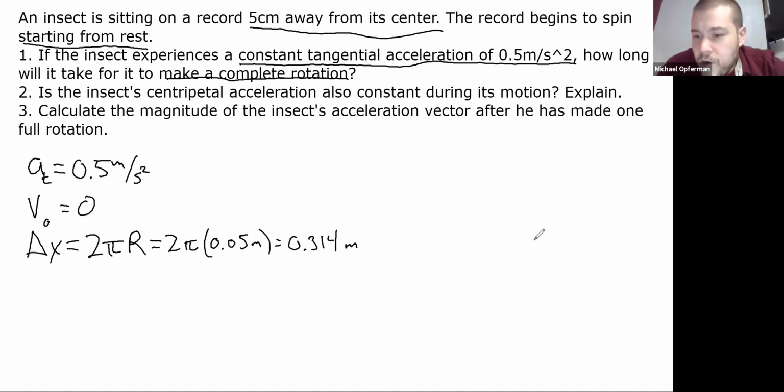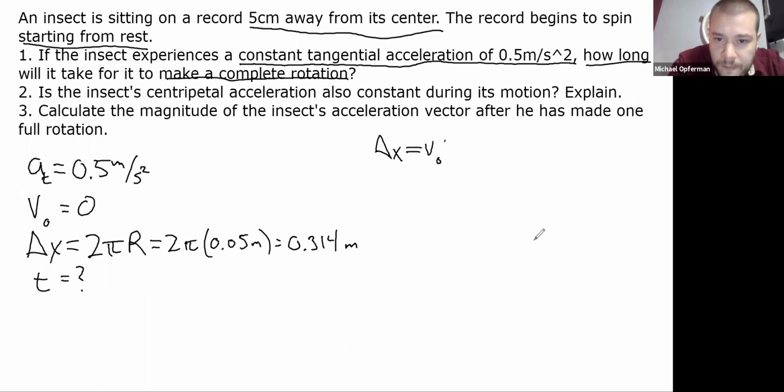So there are 3 known kinematic variables, so I feel good about this. Now let's see, what's it asking for? How long will it take? That's t as my unknown. Now I can apply a kinematic equation to this. Looking at my 4 variables, I think the appropriate equation is delta x equals v naught t plus 1/2 a t squared.